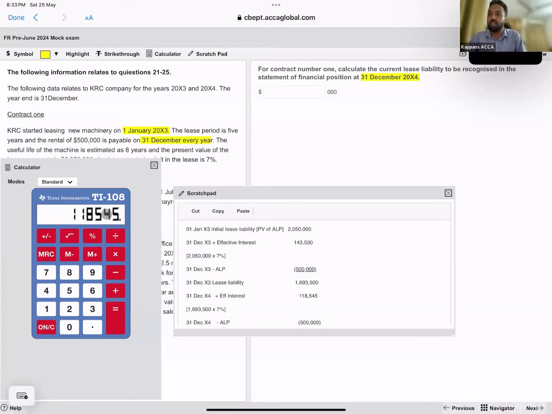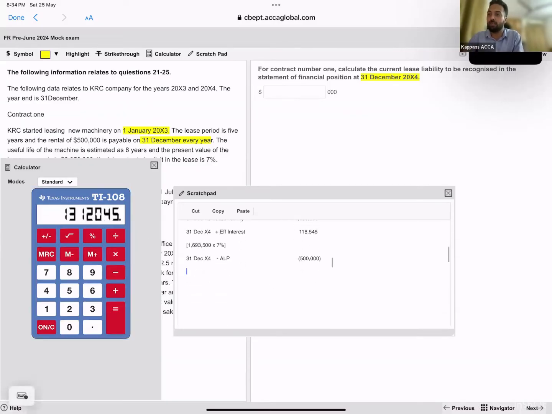So this would be 1,693,500 plus 118,545 minus 500,000. That is, the lease liability on 31st December X4 is 1,312,045.